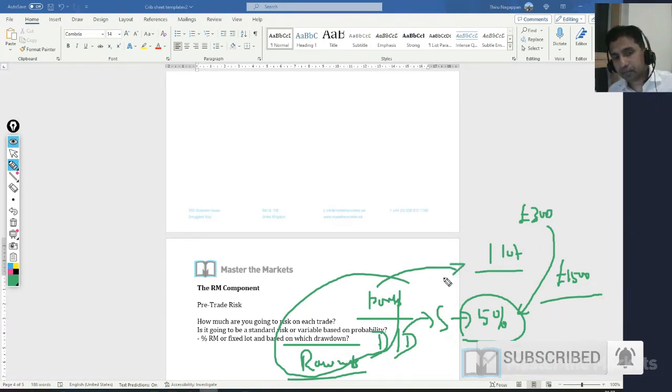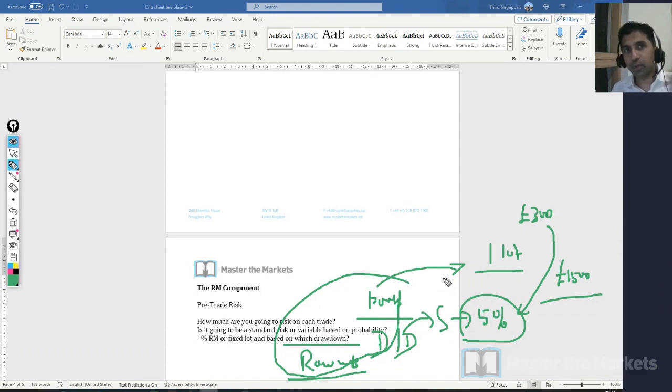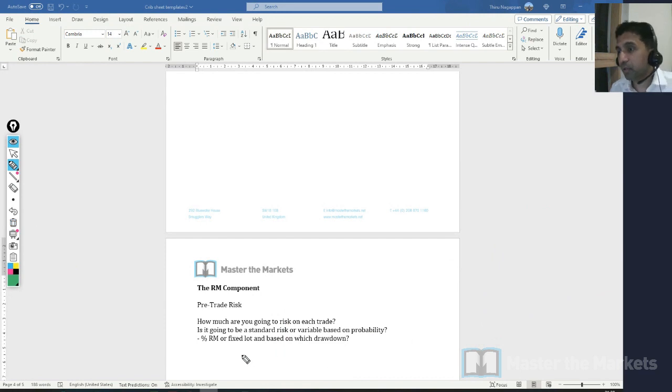You're doing all this to pre-warn yourself and precondition your mind so that you don't get shocked when you go through those drawdowns. Whatever you choose, keep it consistent. It's very important. It's going to be on standard risk, so you can either do percentage or fixed lot, and you base it on your drawdown.